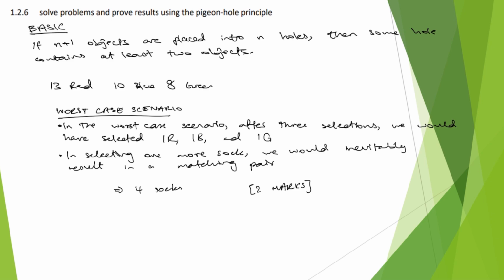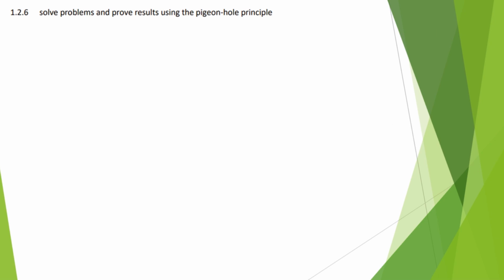Now, let's say we deal with a more generalized pigeonhole principle. So we dealt with the basic case, but in the more complex case, we can figure out that some hole can contain more than 1 pigeon given a certain number of pigeons that we choose.